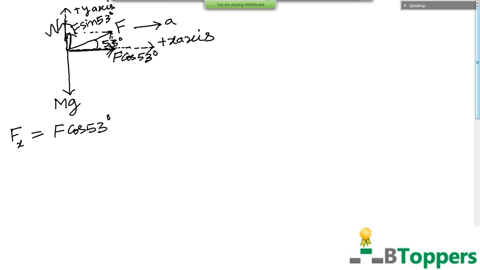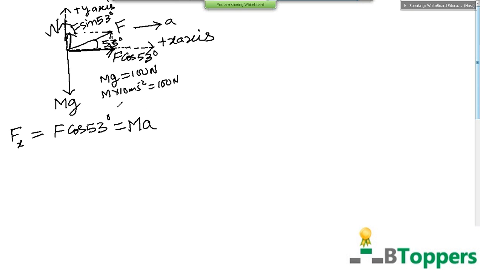From Newton's second law, the resultant of all the forces acting on the block is equal to the product of the mass of block and its acceleration. You are given the weight mg of the block equal to 100 Newton. The acceleration due to gravity is given as 10 meter per second square.